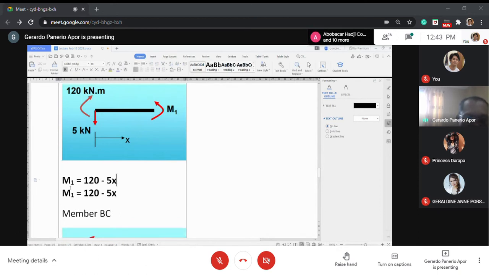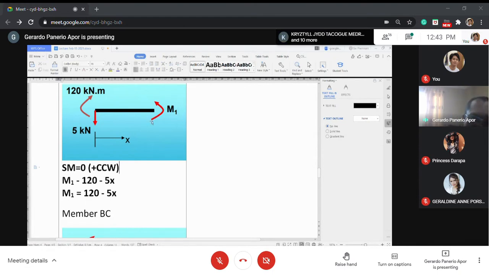What happened is I'm going to sum up moment somewhere here. So I'll have M1 minus 120. I'm going to use summation of moment equals 0, positive CCW, meaning positive counterclockwise.